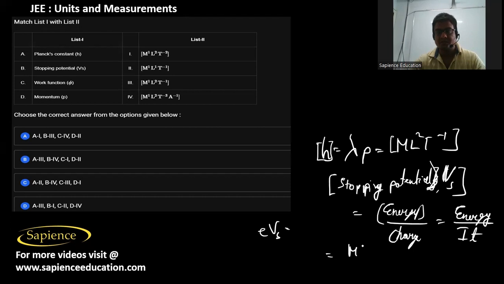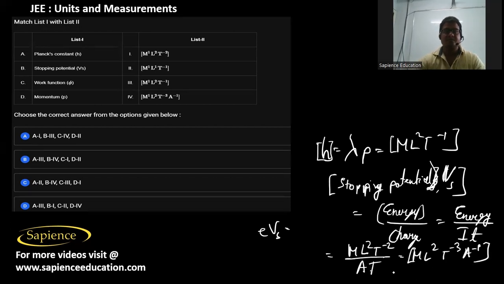So energy is ML squared T power minus 2 divided by I, which is A into T. So this will be ML squared T power minus 3 A power minus 1. And Planck's constant is ML squared T power minus 1. So A matches with 3 and B matches with 4. So obviously option B should be the correct answer.